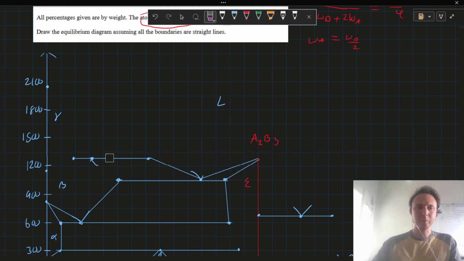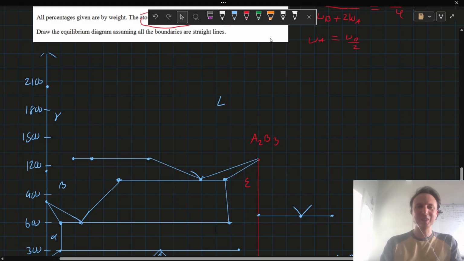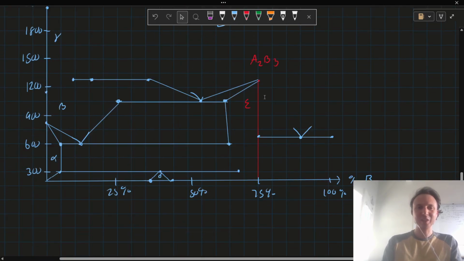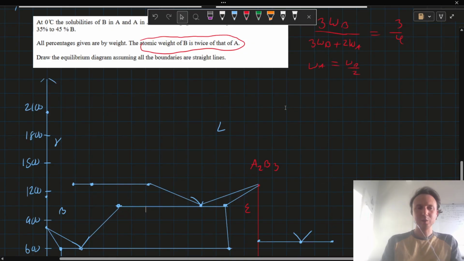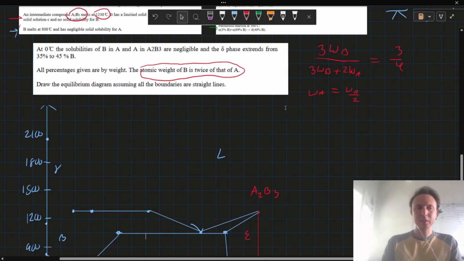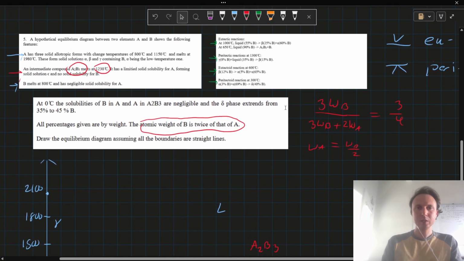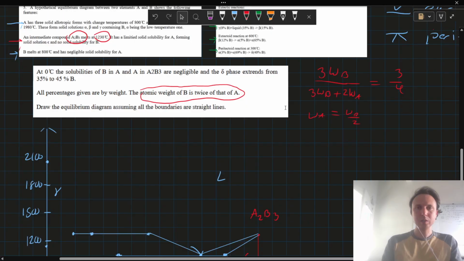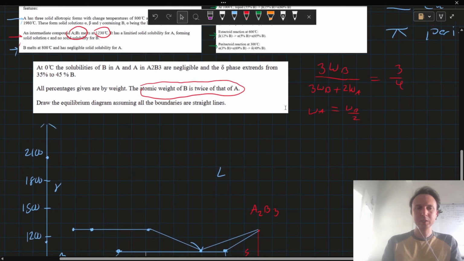Okay, I'm gonna erase that, move that back. And so I'll go ahead and connect these. Sorry if this is a little bit rough. That's just the only way to do this problem. Go step by step, and then check them all at the end. So let's see. We have peritectic at 1300 from gamma to beta plus a liquid.